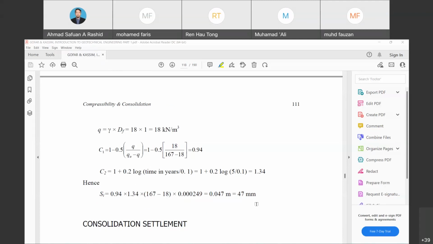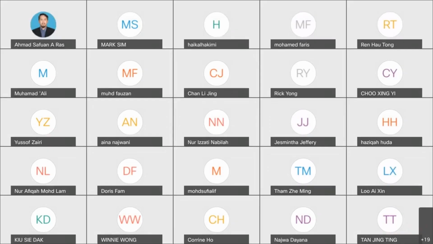Okay, ada soalan? Okay, pun tak ada. Okay, so then we proceed for the consolidation settlement. Saya tutup ni sekejap eh. Saya nak buka saya punya slide.